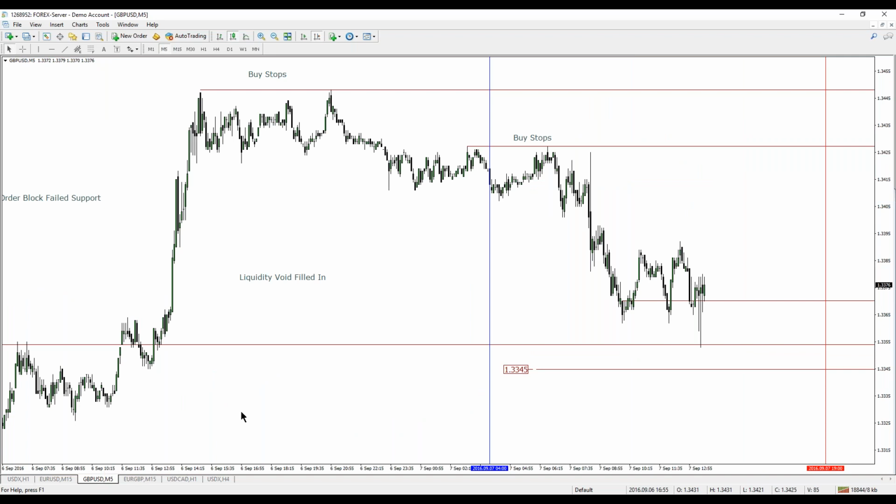But I really would like to see something for pound dollar for a long, more than anything else. That's what I'd like to see, just because those buy stops look just too obvious, too clean. And the problem is we may not get that much of an opportunity. If the rate announcement comes out, it may cause it to go, you know.